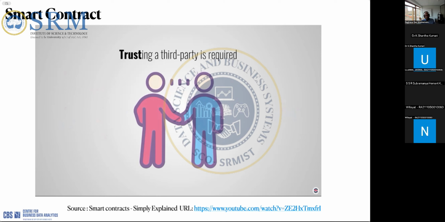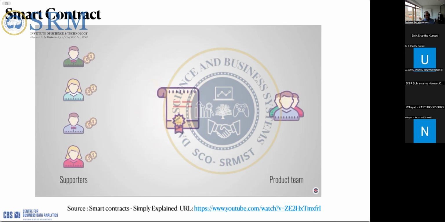But with smart contracts, we can build a similar system that doesn't require a third party like Kickstarter. So let's create a smart contract for this. We can program the smart contract so that it holds all the received funds until a certain goal is reached. The supporters of a project can now transfer their money to the smart contract.